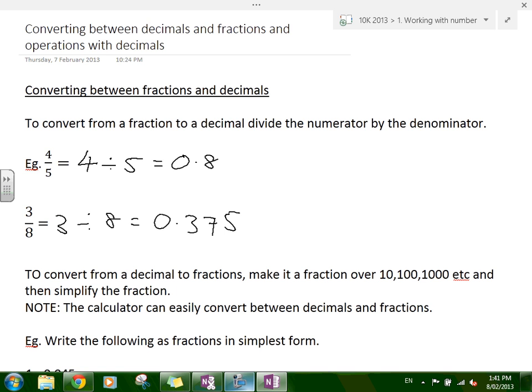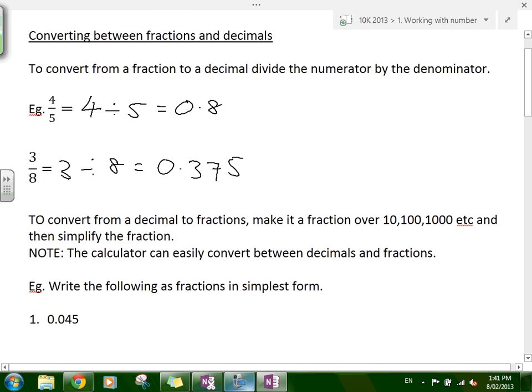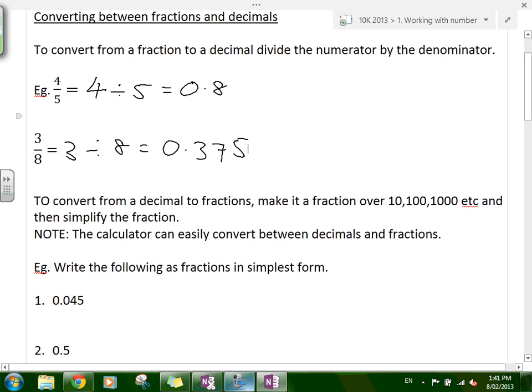Now, to go from decimal to fractions, so any decimal, if you look at this one, this means that it's 3 tenths, 7 hundredths, and 5 thousandths. You can think about it as 375 over 1,000.